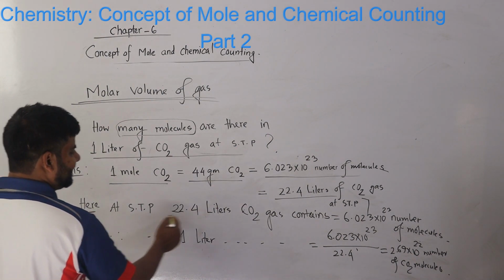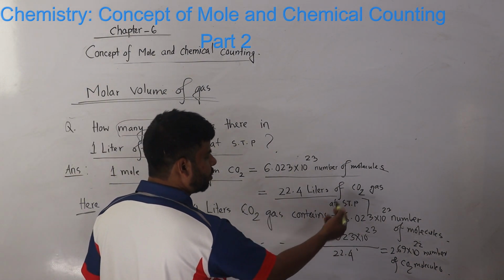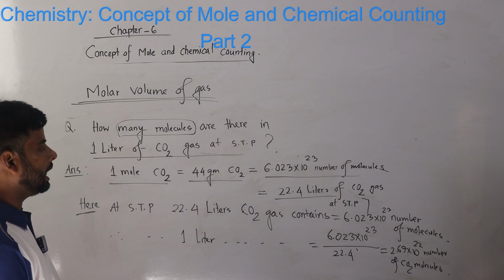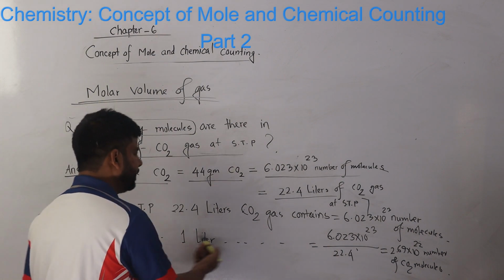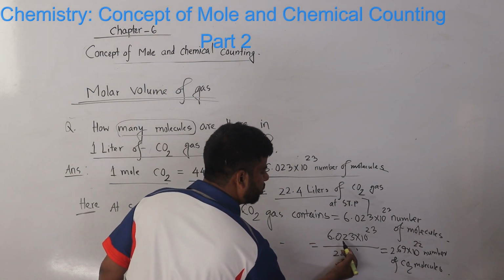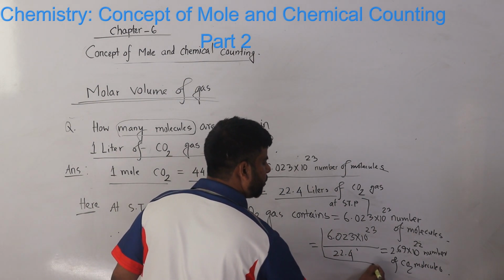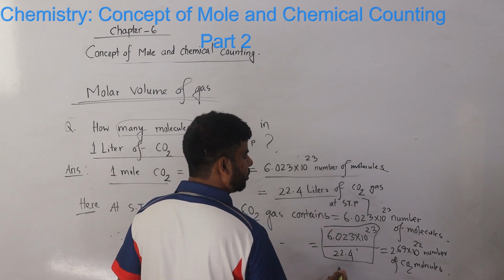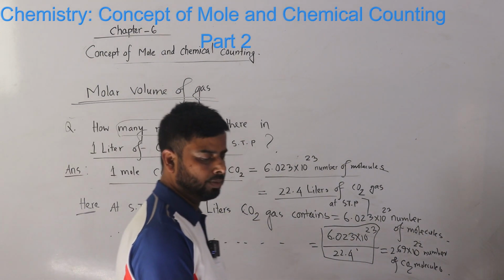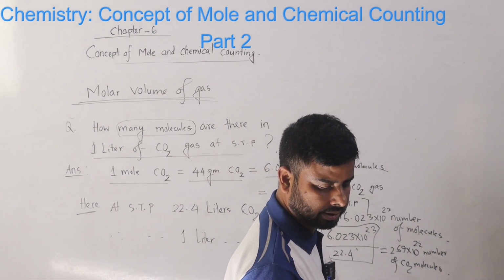So at STP 22.4 liter carbon dioxide gas contains 6.023 × 10^23 number of molecules. So in 1 liter, by unitary method, we can calculate easily 6.023 × 10^23 divided by 22.4. So 2.69 × 10^22 number of carbon dioxide molecules in 1 liter carbon dioxide gas.